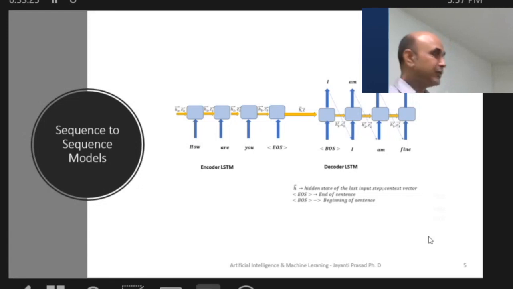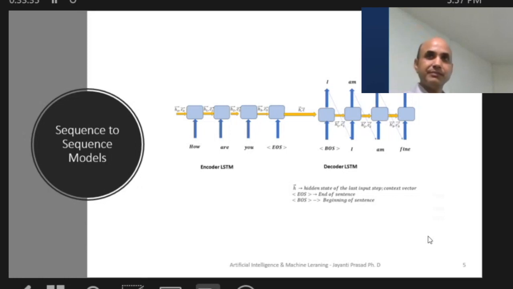So we use this context vector plus the current output to give me the next output in the decoder, and then my decoder state is also updated.